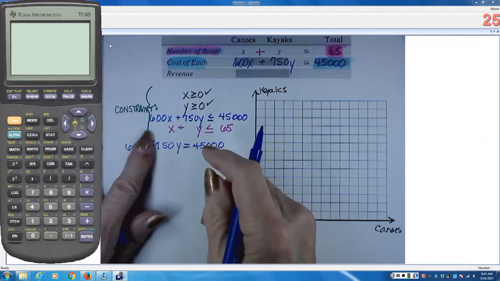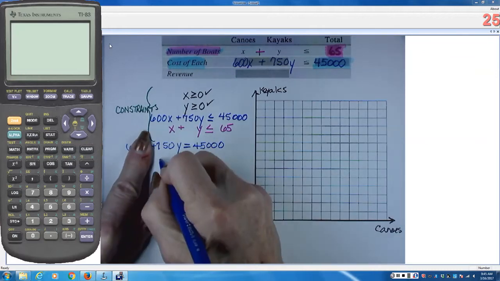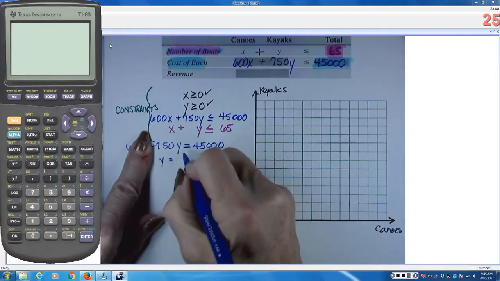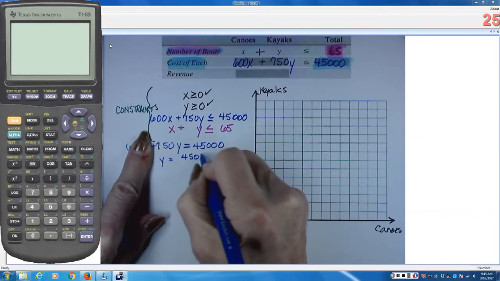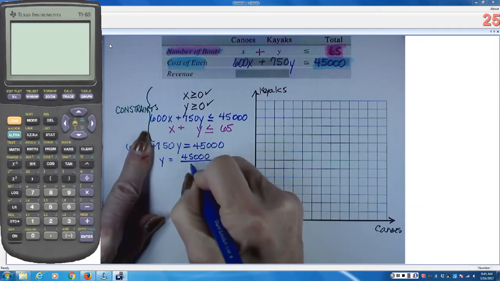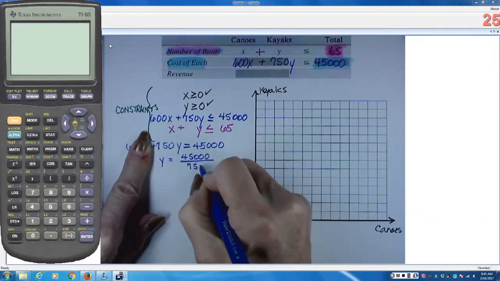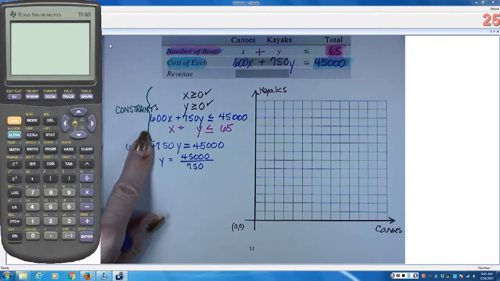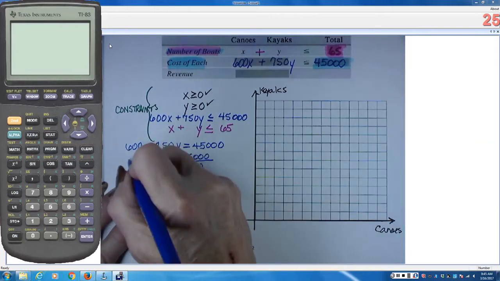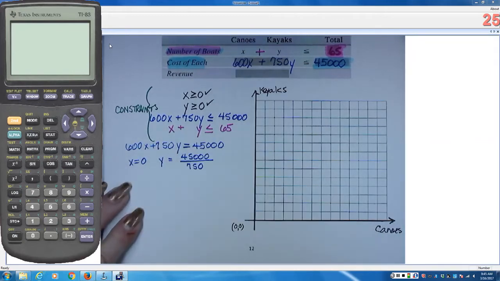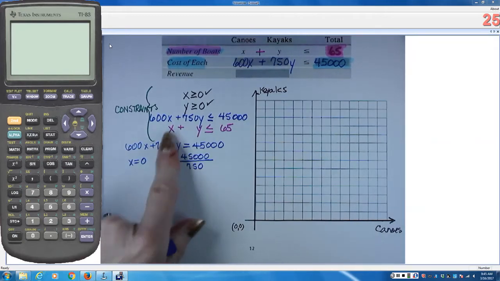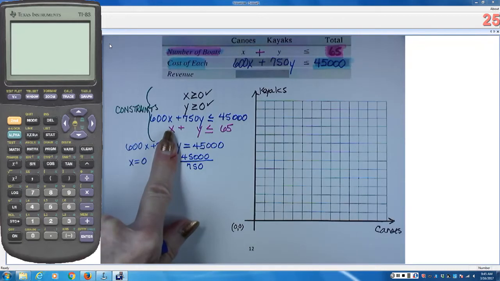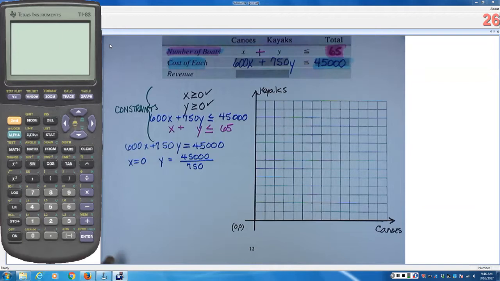So if I let x be 0, y is going to be $45,000 divided by 750. In other words, if I bought only kayaks, what's the most number of kayaks I could buy? And then on the other hand, I'm going to let the 750y be 0 and find out how many canoes I could buy if I didn't buy anything but canoes.